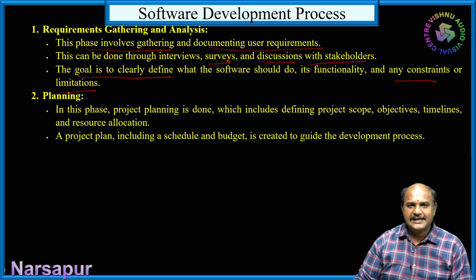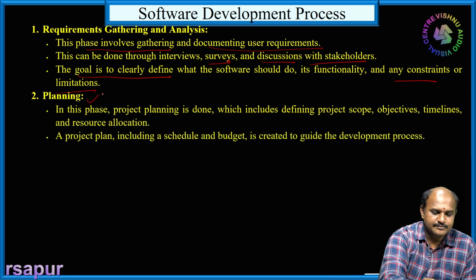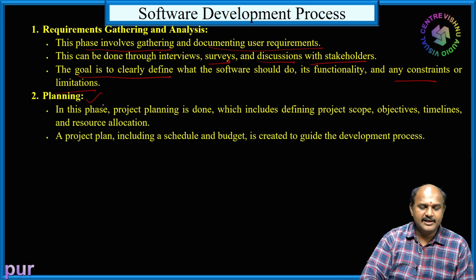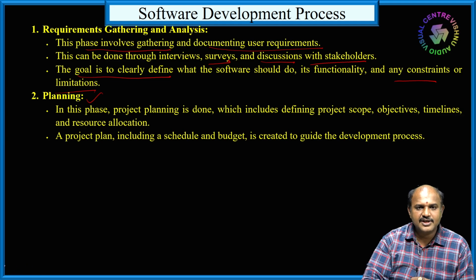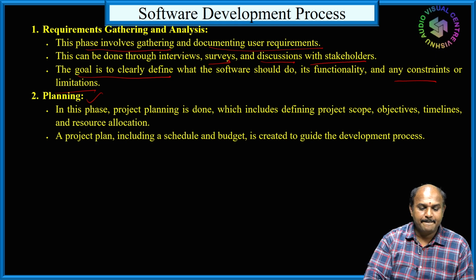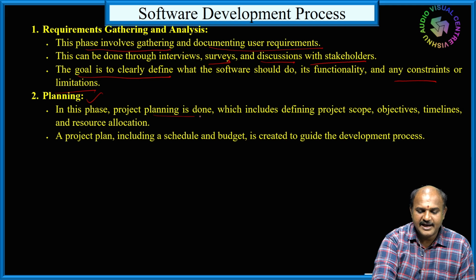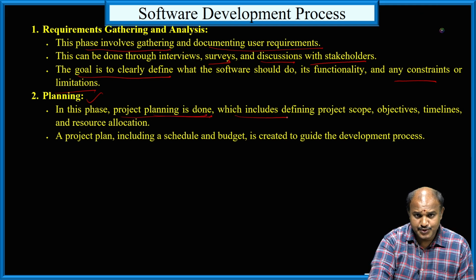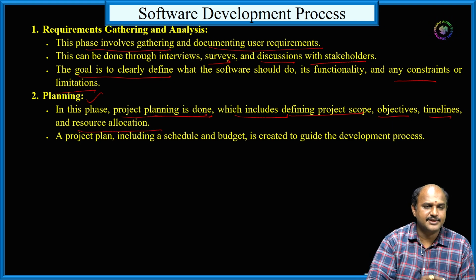Clear? Next, go for planning. In this planning or definition phase, project planning is done, which includes the definition of the scope, objectives, timelines, as well as resource allocations.